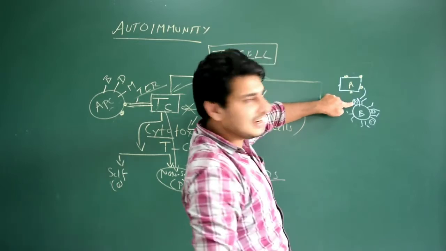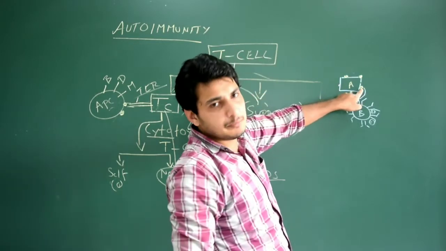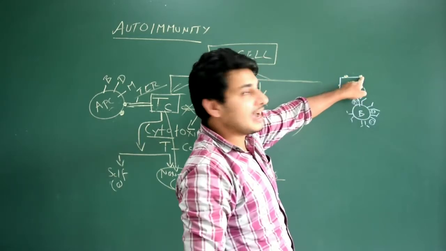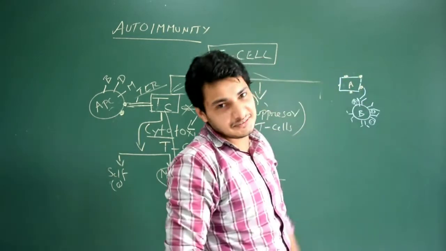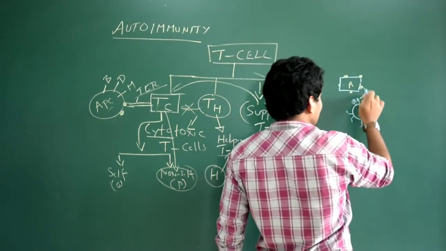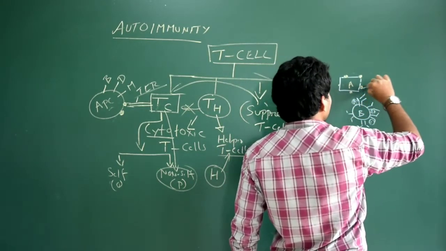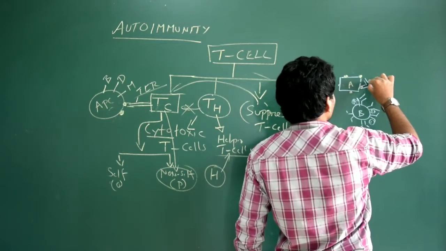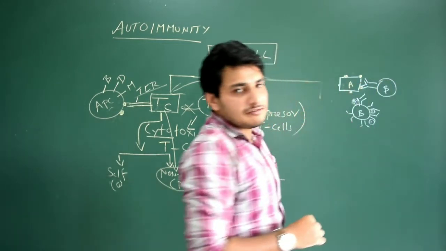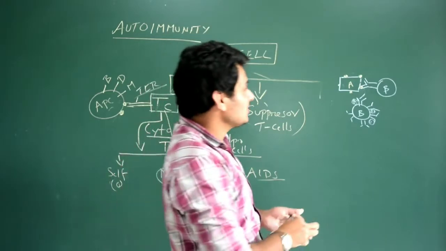This A antibody is going to recognize a specific epitope. The same A antibody cannot recognize another epitope present on the same antigen. Got it? They are very, very specific. So this particular antibody will now bind to this epitope present on the surface of the antigen. Done. So this is binding.